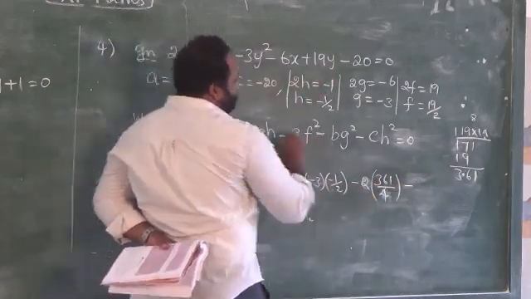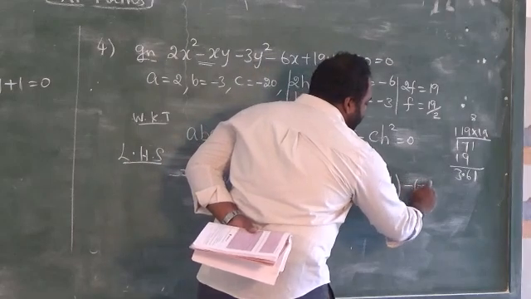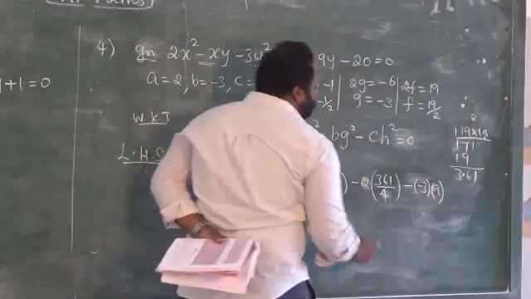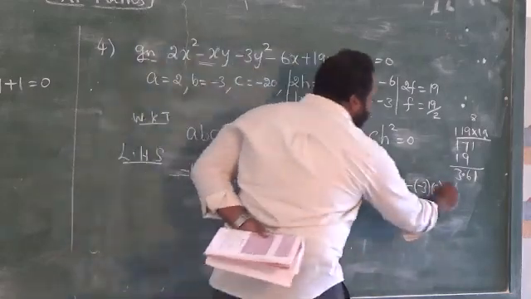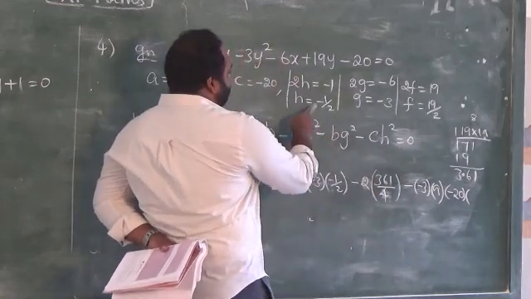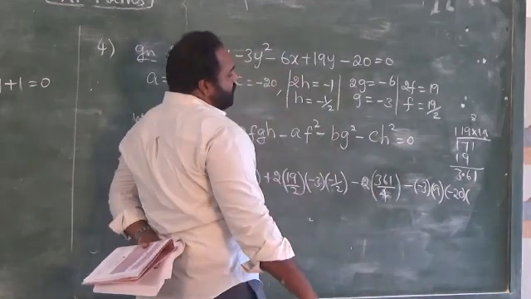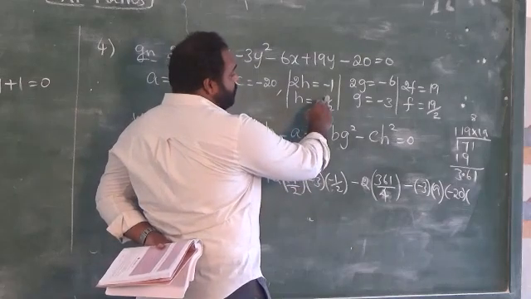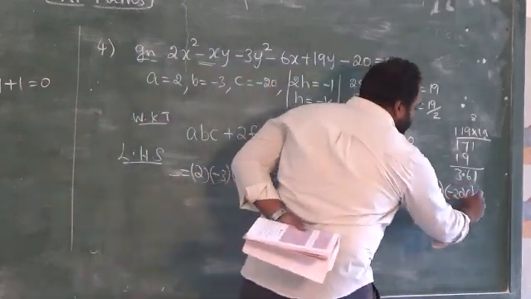Next minus B into G square, 3 into G square, 9. Minus C into H square, minus 20 into H square. H square is 1 square by 4, 1 by 4.